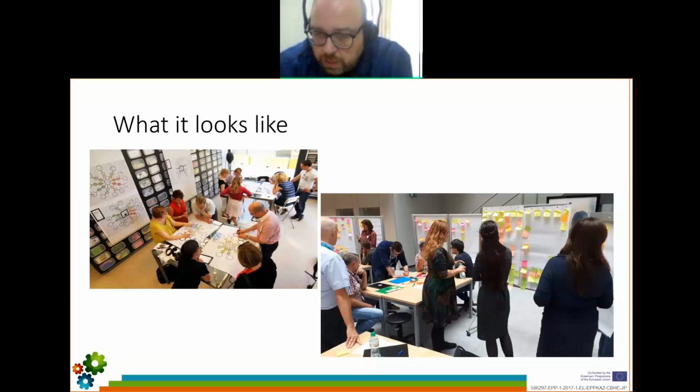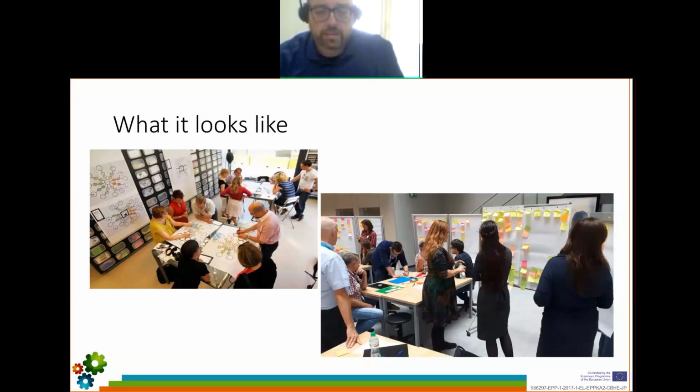We were using huge whiteboards and putting lots of paper stickers. Well, I will call them post-its from now on. I know it's a brand, but whatever. We use lots of post-its because post-its are awesome. Everybody can write on them, you can reorganize them as you want, and if you don't want them anymore, you can just throw them away. So they are very useful in the design thinking process, and you will find them everywhere.